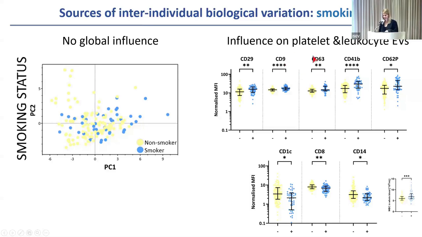So those two tetraspanins are more connected to the platelet EVs. But on the other hand, if you looked at the leukocyte EVs, we could see a decrease, dependent on smoking, in CD8 expression levels and in CD14 expression levels. So there is a complexity in the response to smoking in the circulating EVs.